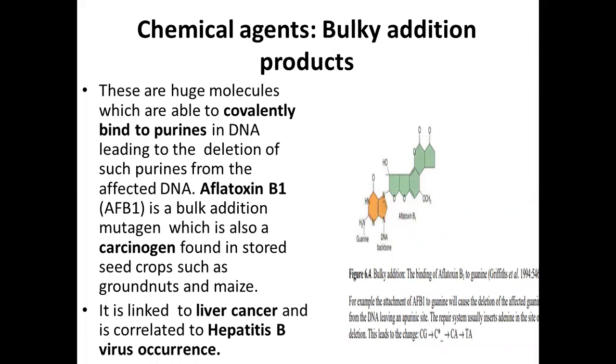Other chemical agents are bulky addition products. These are huge molecules which are able to covalently bind to purines in DNA. This is going to lead to the deletion of such a purine from the DNA that is affected. For example, aflatoxin B1 is a bulky addition mutagen, which is also carcinogenic, found in stored seed crops such as groundnuts and maize.